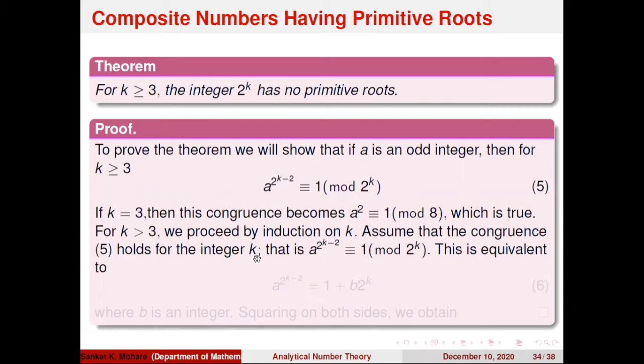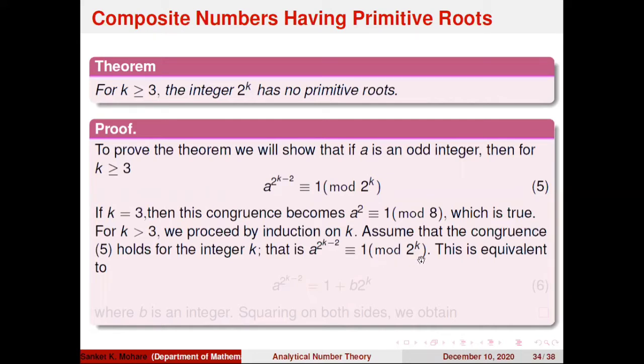We are assuming that equation 5 is true for the value k, meaning a to the power 2 to the power k minus 2 is congruent to 1 modulo 2 to the power k. This is true for any value of k, and we will show that it becomes true for k plus 1.